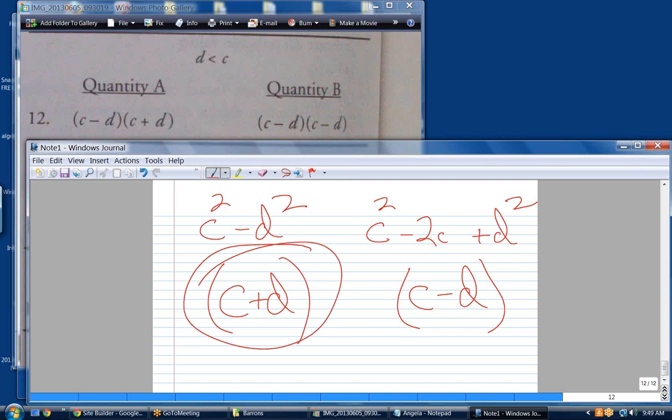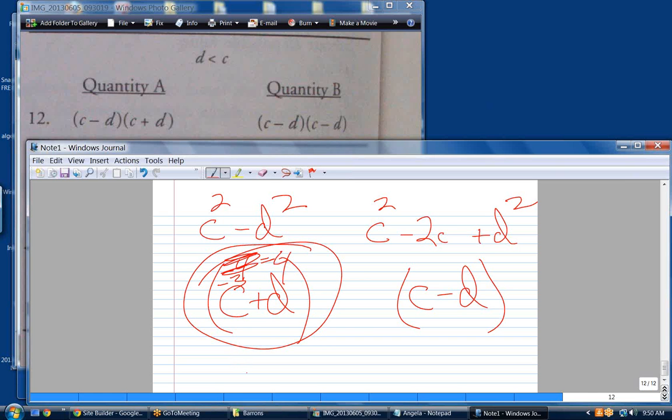Even with negative numbers? What if d, let's just check negative numbers to make sure. Let's try a d of minus 4 and a c of minus 3.